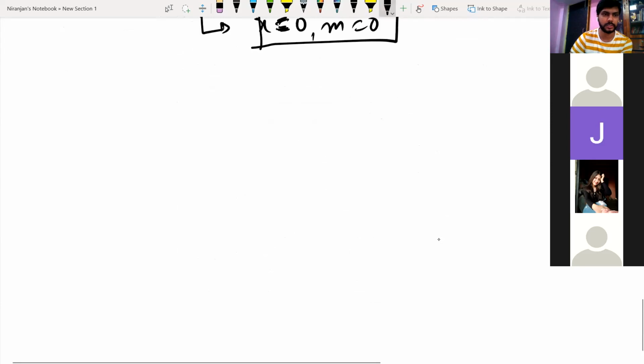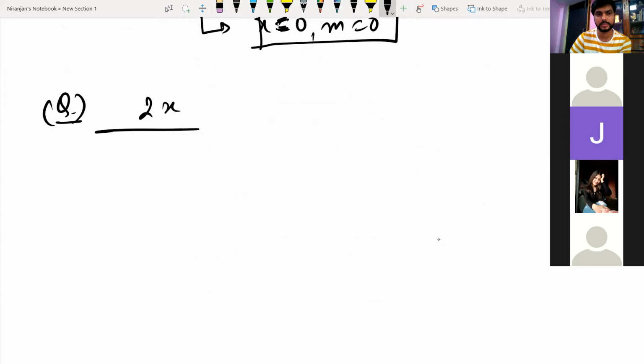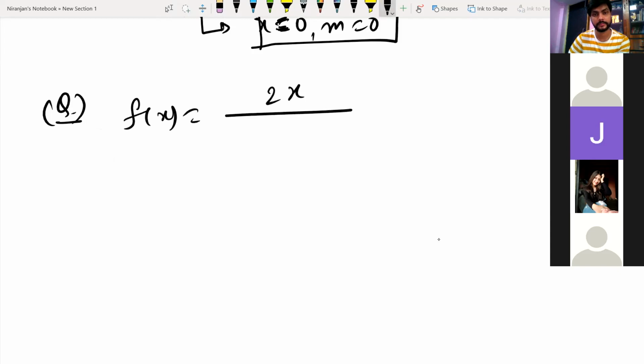So this is a question: f(x) equals 2x upon 1 minus x squared. Now, if I ask you to find the domain, what would you do? So this is a rational function.